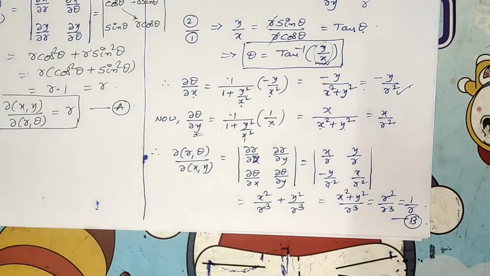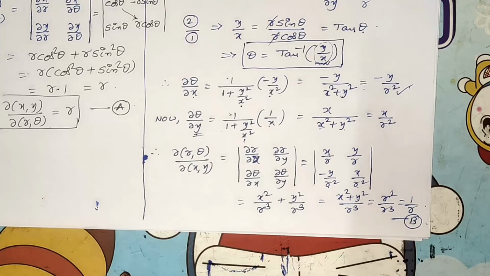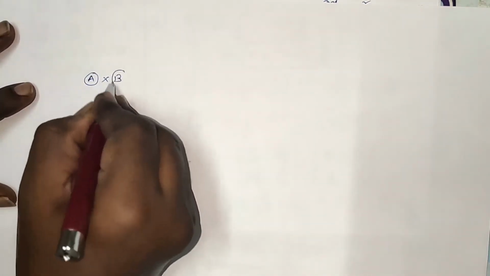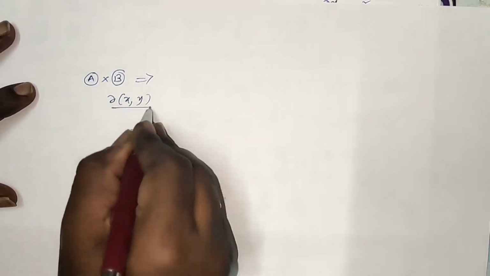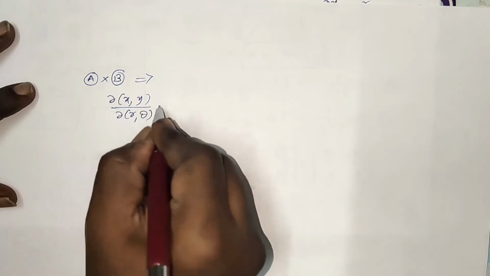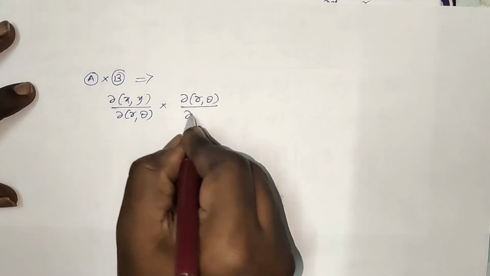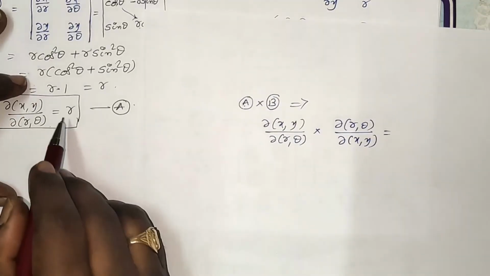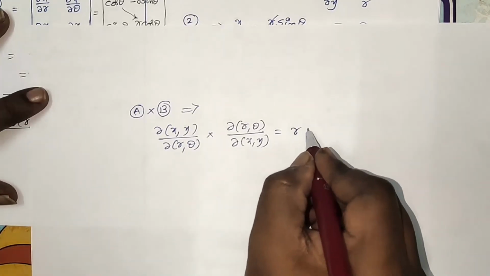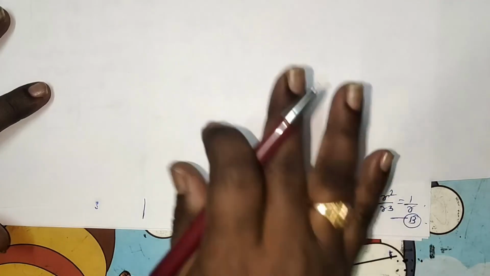Okay. Finally, we should multiply capital A and capital B. See. So A into B implies Jacobian of x comma y with respect to r comma theta into Jacobian of r comma theta with respect to x comma y is, from the equation A, this is small r, into, from the equation number B, we are getting recently 1 by r.